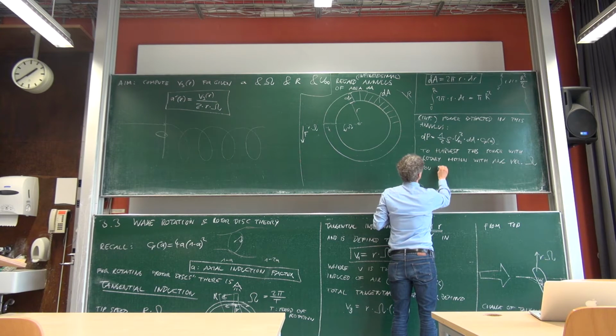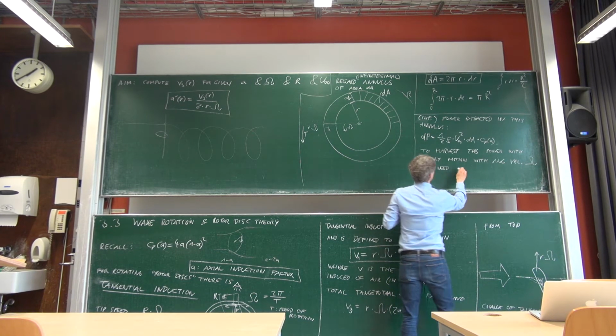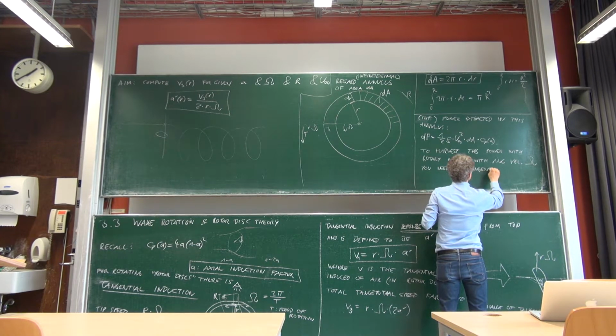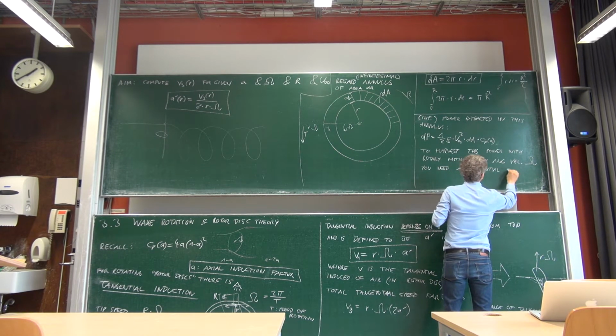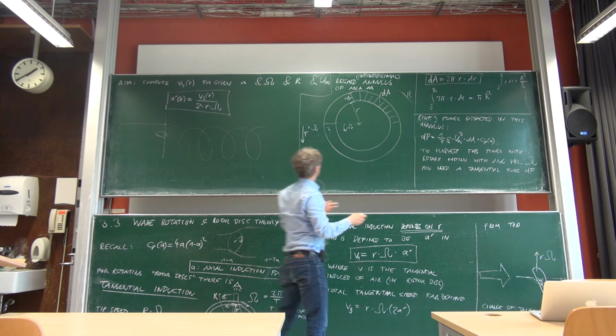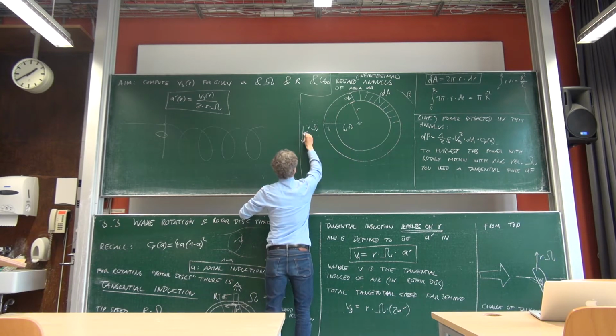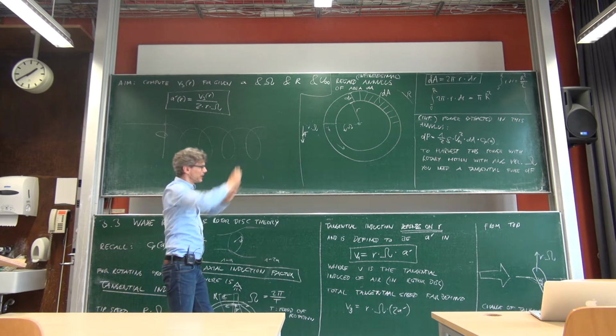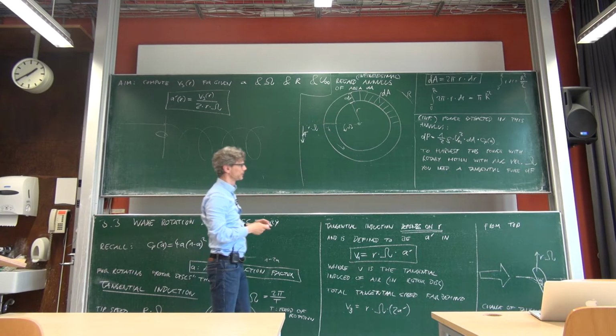You need a tangential force. I call it dF because it's the tangential force of this whole annulus. So there must be some force with which this whole annulus turns your wind turbine.